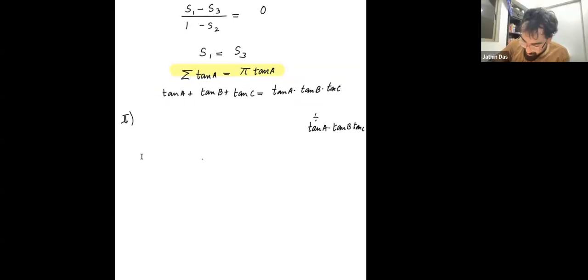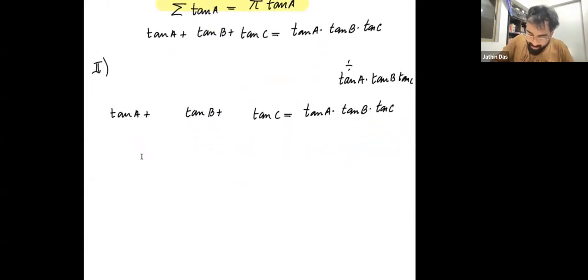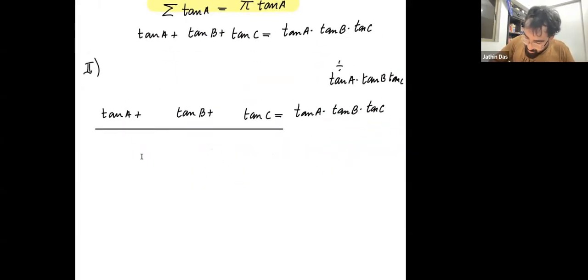So if I'm dividing the entire equation by tan A, tan B, tan C.